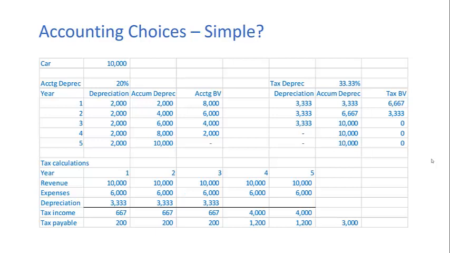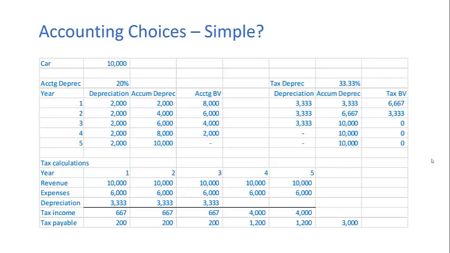And the tax payable on that is $200 a year for the first 3 years, $1,200 for the last 2 years, $3,000 in total. So because we have much higher depreciation deductions for tax purposes in the initial years, we pay less tax in the initial years, and we pay more tax in the later years.